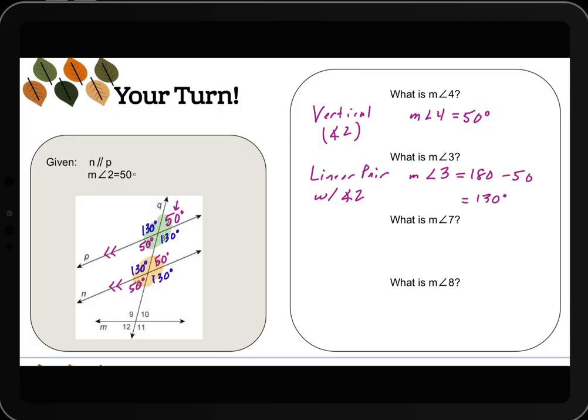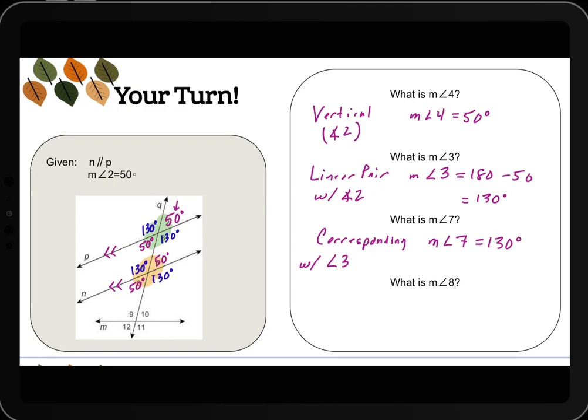The measure of angle 7 could be found in this case because angle 3 is corresponding, right? So we have corresponding angles. It's corresponding, so we have angle 3 with angle 7, and so the measure of angle 7 is also equal to 130 degrees.